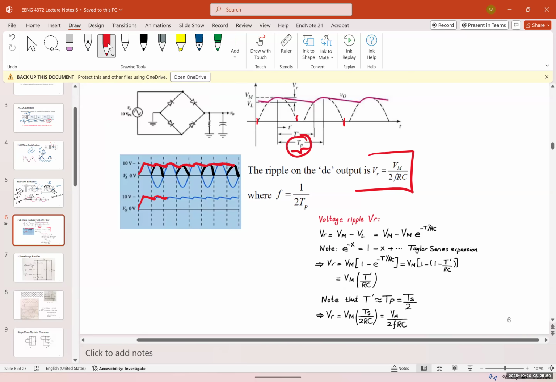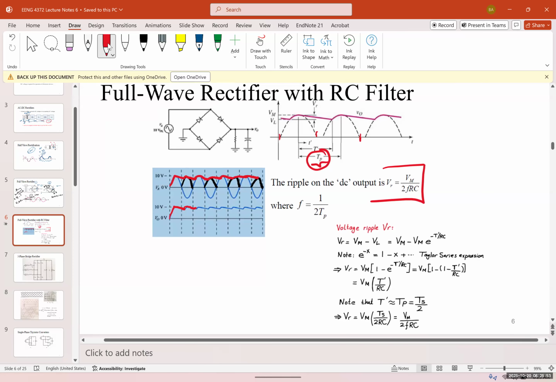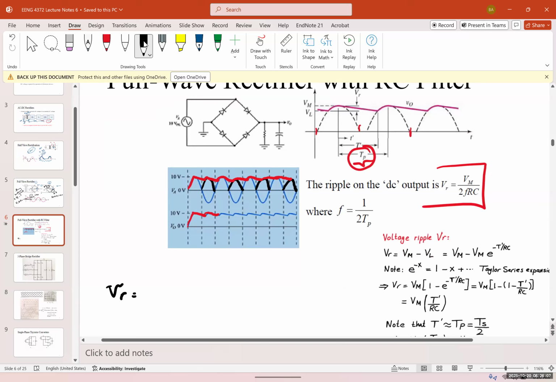Now let's solve an example for it. We want to find VR for the problem, the figure you see, I'm going to call it figure 1. And for this, V peak is 10 volts, as you can see. The frequency is, let's say, 100 hertz.